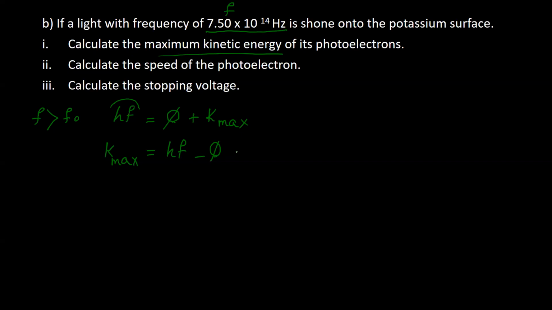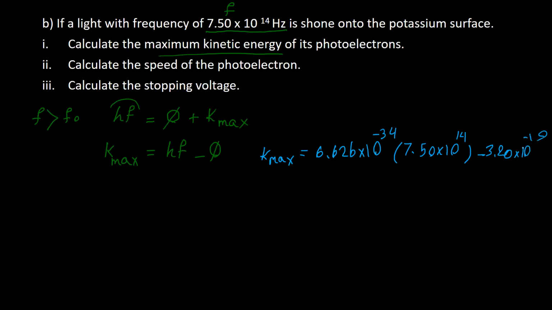Right now, calculate the maximum kinetic energy. The only thing that we need to do now is just substituting numbers. K max equals h, that we know is 6.626 times 10 to the power of minus 34. f is given to us, that is 7.50 times 10 to the power of 14, and the work function is also given to us, that in part A was 3.20 times 10 to the power of minus 19.